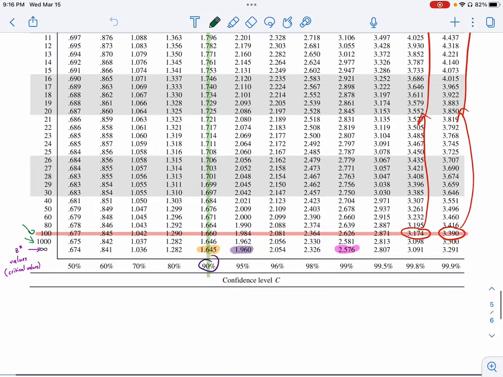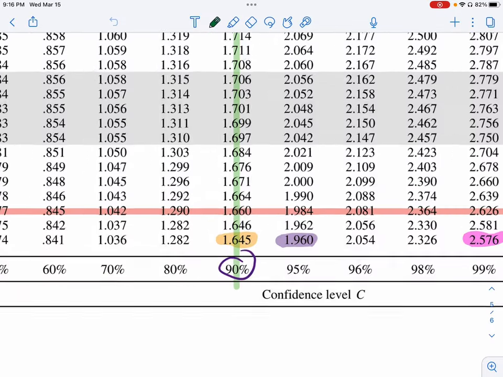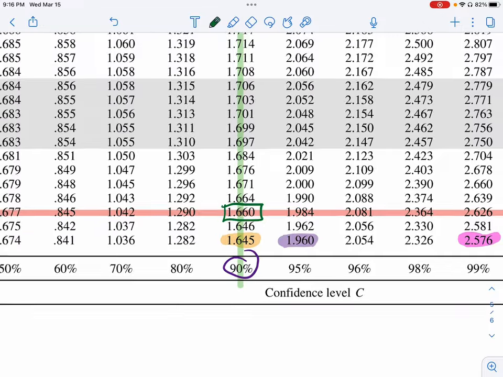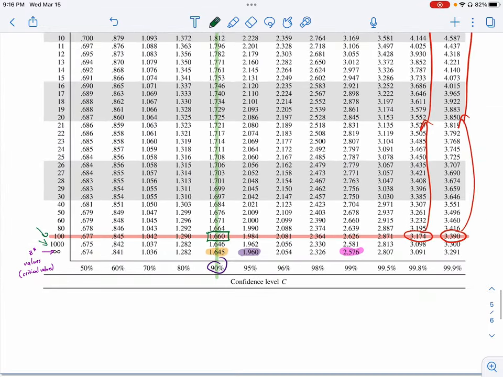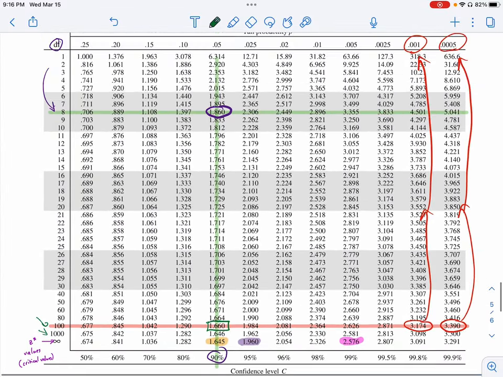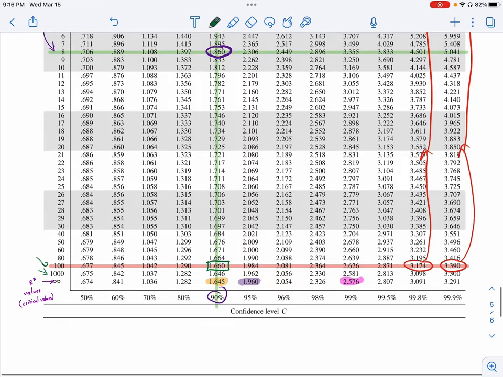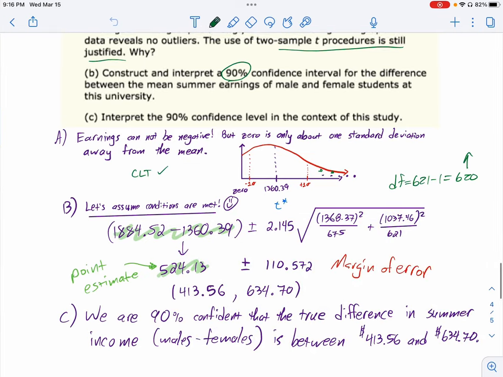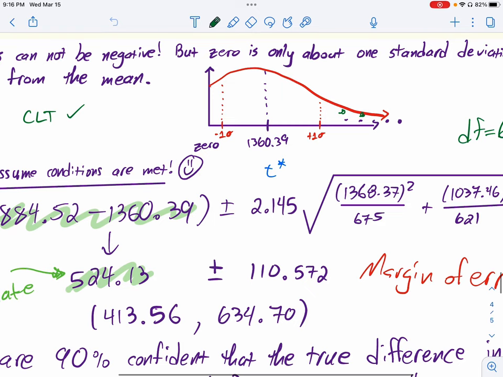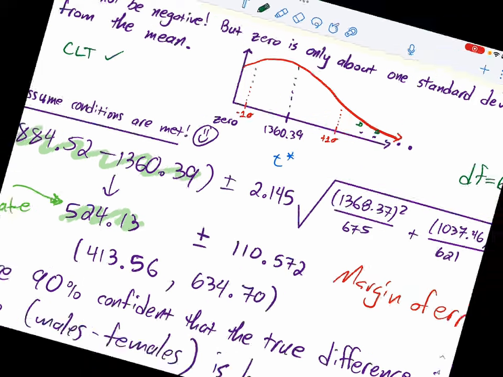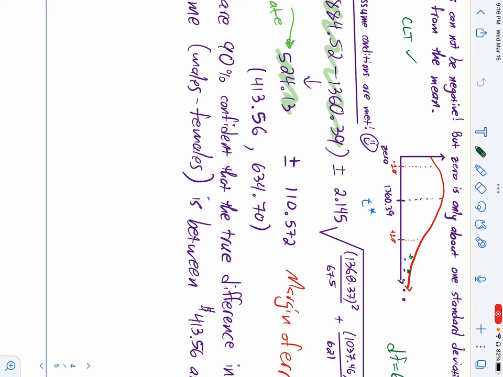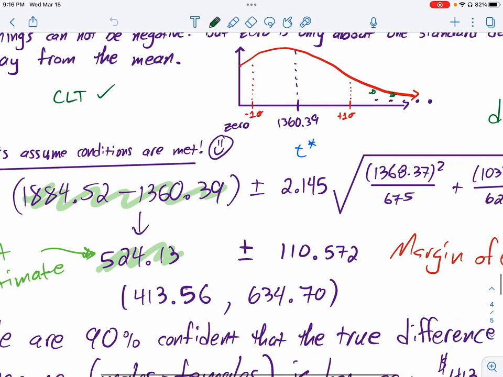Unless I'm missing something. Is that what you guys are seeing? Hold the phone. I wonder where I got that 2.145. Maybe that's a mistake. Hold that thought. I'll come back to that.